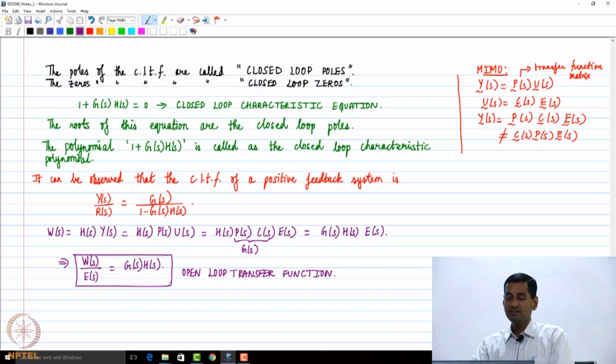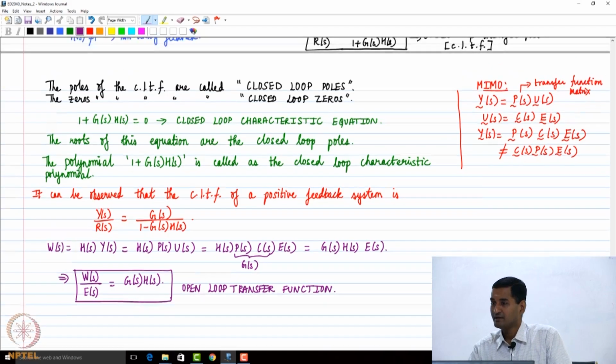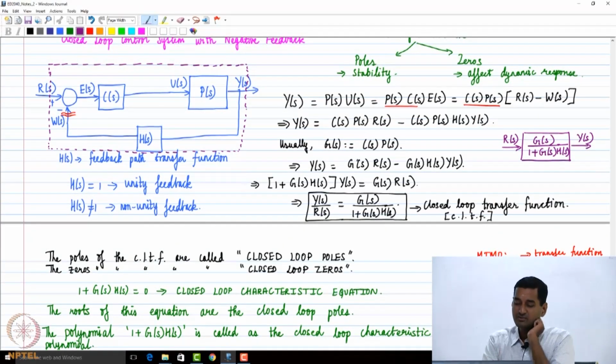Look at the ratio of the signals that I am taking, W and E. Imagine that you cut open the loop here. The signal that you are getting at this junction is going to be W, and the input to the opened loop is going to be E. So that's why we are taking W(s) divided by E(s) as the open loop transfer function. That's the definition.